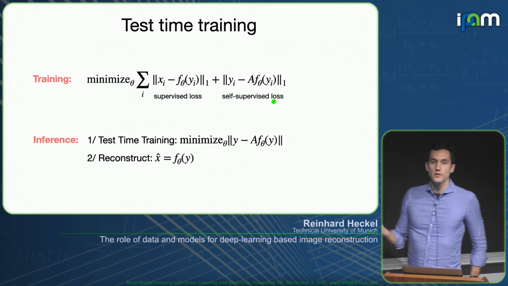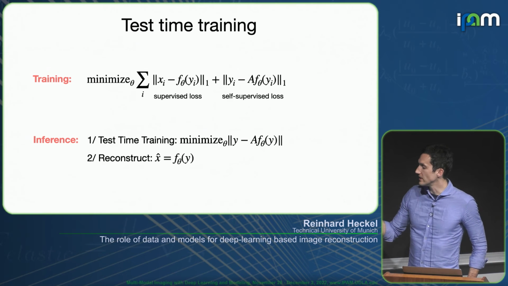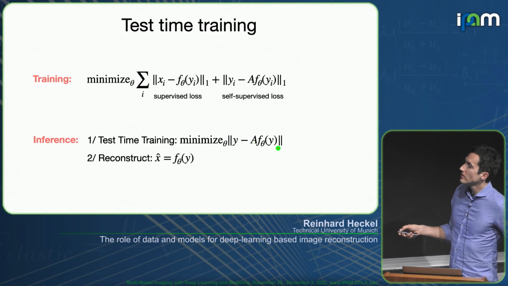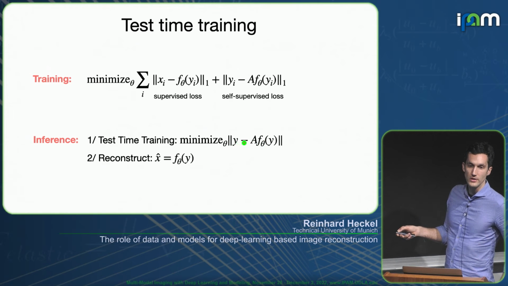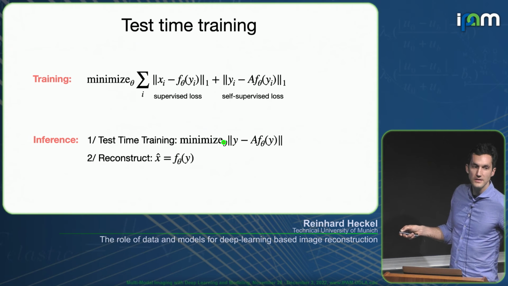And then at inference, we do the following. This is very much simplified, just to illustrate roughly the idea. We do test time training: at inference, we again tune the parameters of the network on the measurement that we're given. Of course, if we really just minimize that, we're going to overfit, so we also do some regularization and some tricks, but we do something very similar to this.